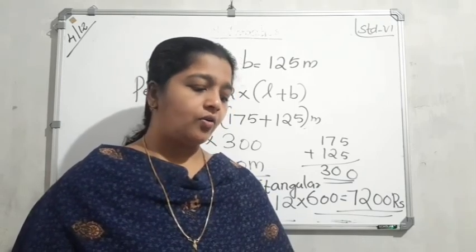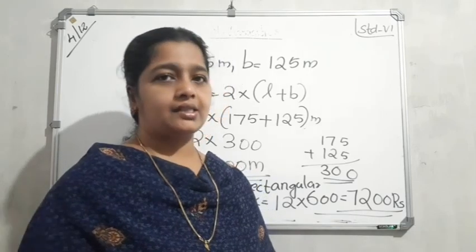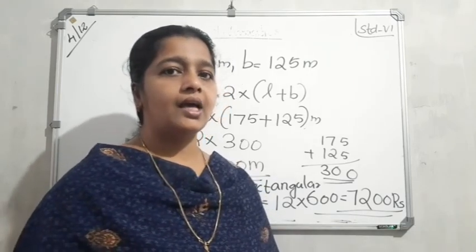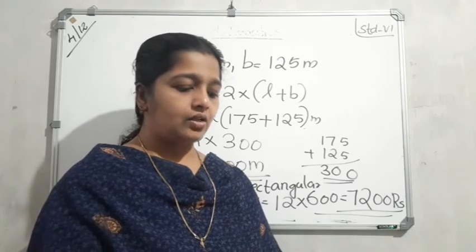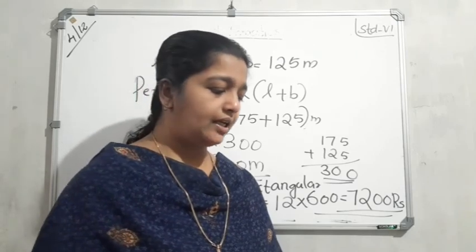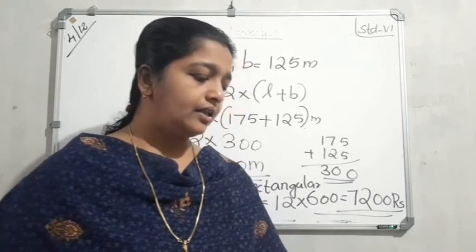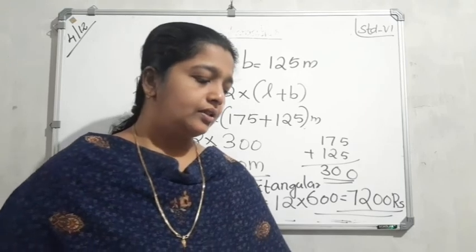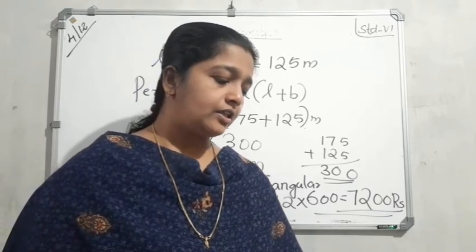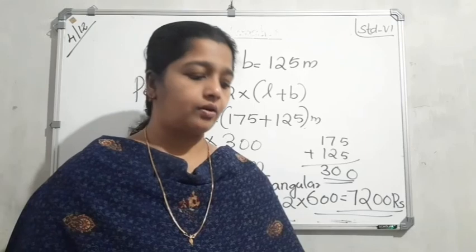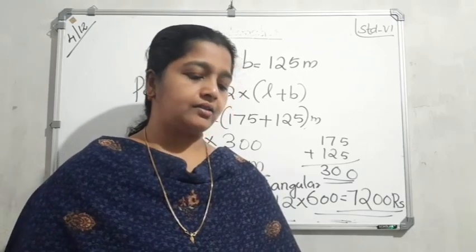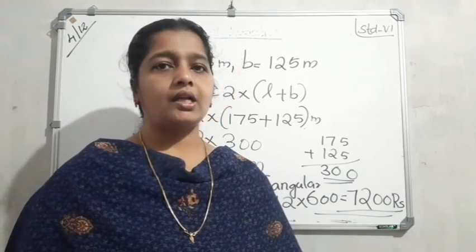Who covers less distance? So here 2 persons are there. We want to find the perimeter of the square park and the perimeter of the rectangular park. Understand? This question is also homework.